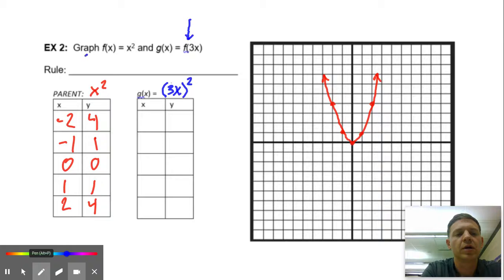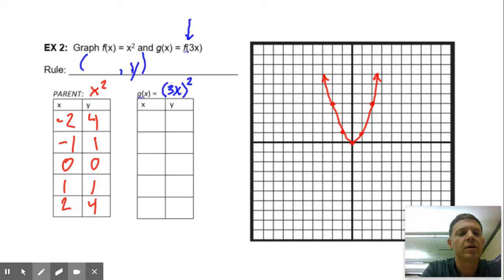So our new rule, the y's are going to stay the same. We don't have a number appearing on the outside of our function, only on the inside. And our x's are going to get multiplied by 1 over, in this case, 3. So 1/3 x.